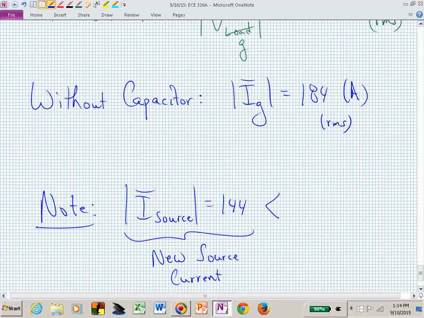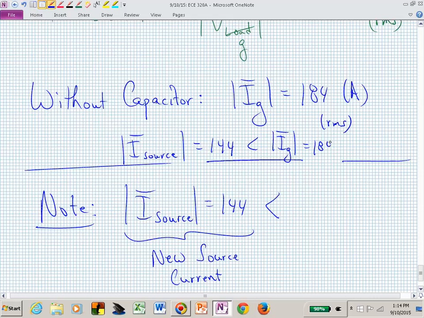Well, here's another. So this source, I sub G, or I source, equal 144 is less than I sub G equaling 184.